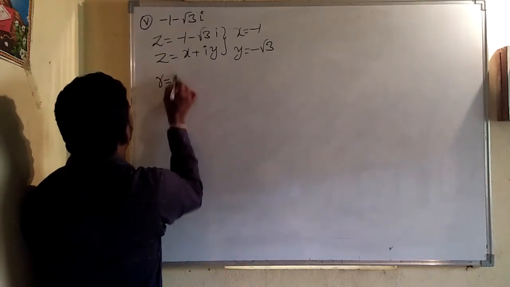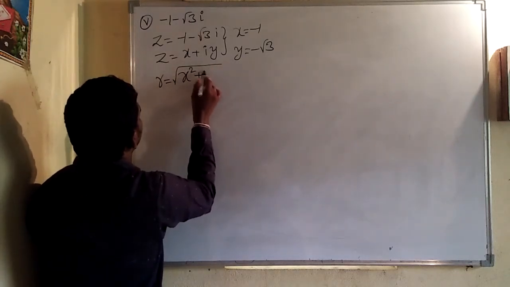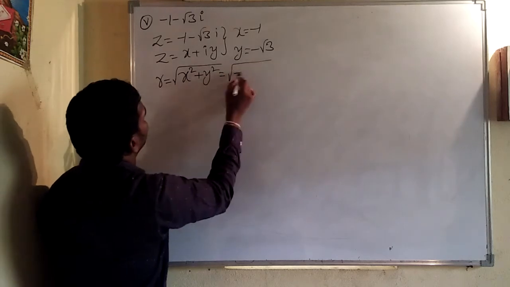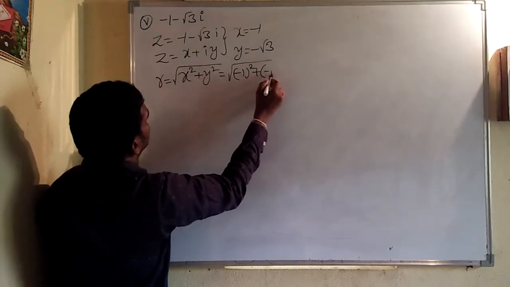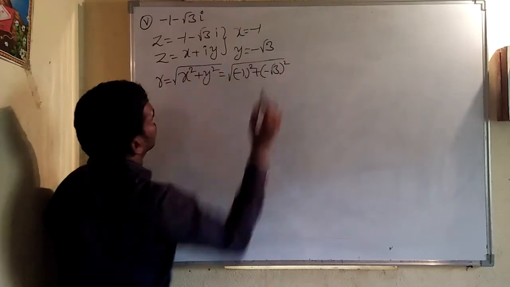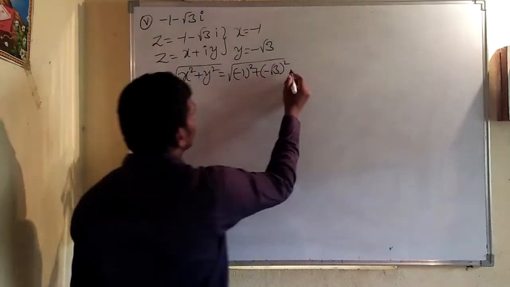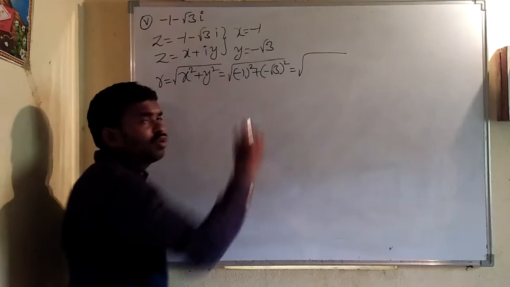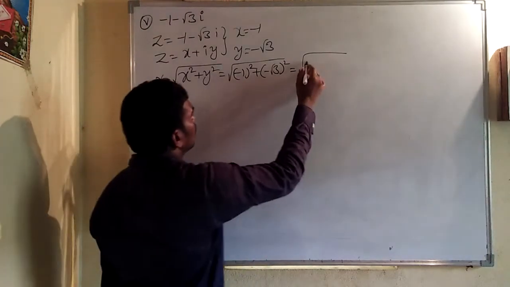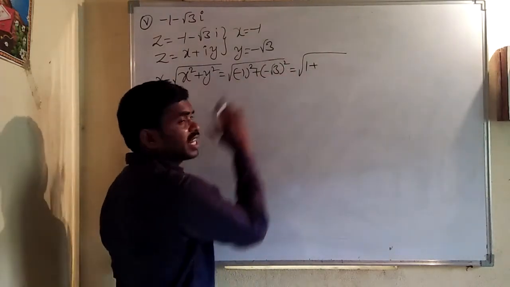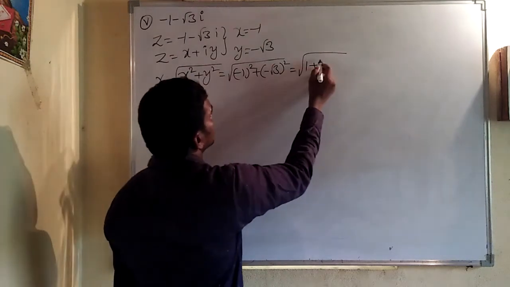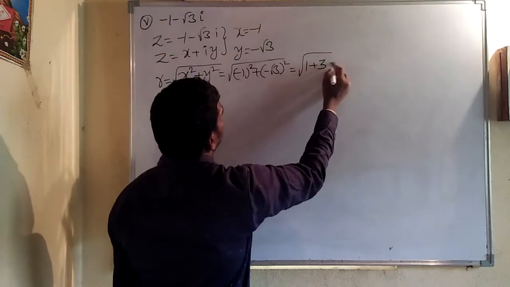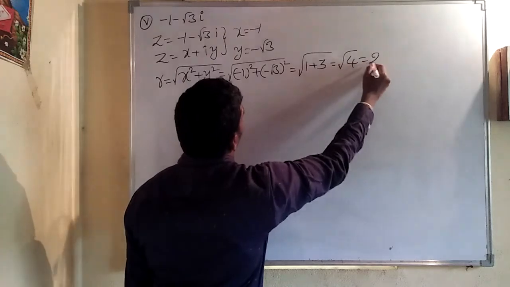First of all, find the R value. R means root of x square plus y square, that is equal to root of (-1) whole square plus (minus root 3) whole square. That is equal to root of 1 plus 3, so totally we are getting root 4, which equals 2.